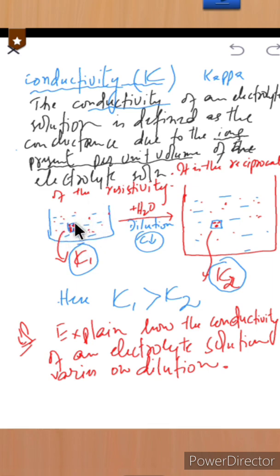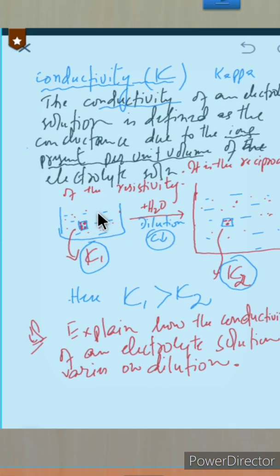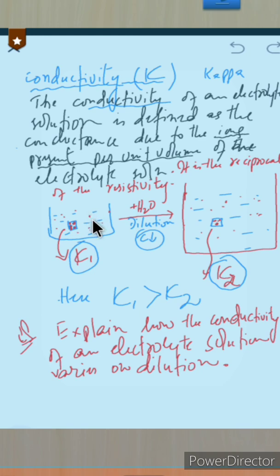In this unit volume, suppose there are 5 ions, for example, and due to these ions, the conductance of the solution will be kappa. Due to these 5 ions, the conductance will be called conductivity.